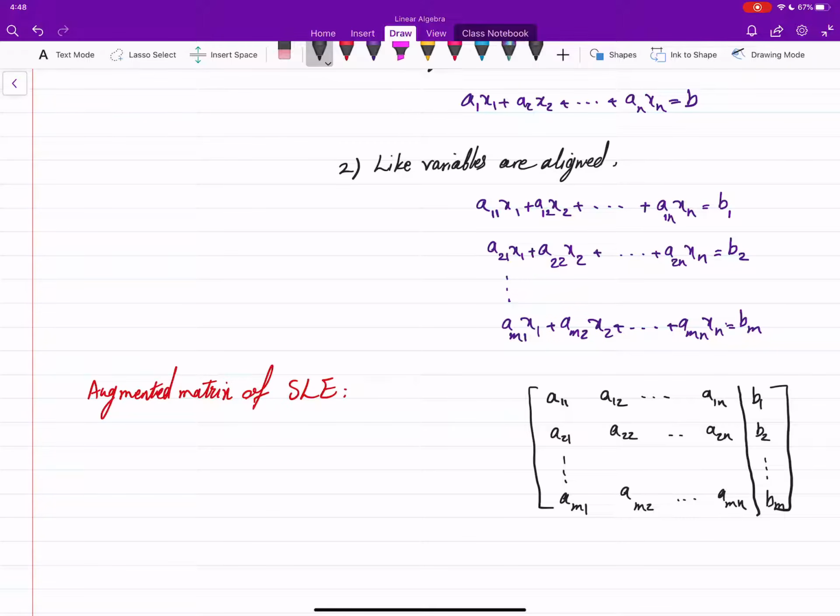This is called the augmented matrix of the above system of linear equations. We will work with these augmented matrices instead of working with the SLEs themselves.